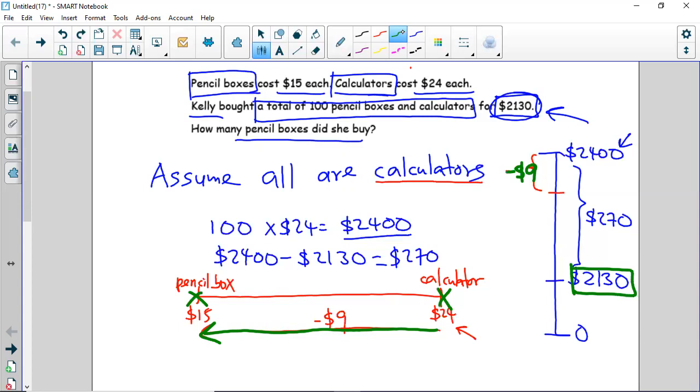You take $270, because you need to go down $270, and you divide by $9, and you will have to press the leaf button 30 times. Which means that you have to replace 30 calculators with 30 pencil boxes. So how many pencil boxes did she buy? And that's how you get 30, right?